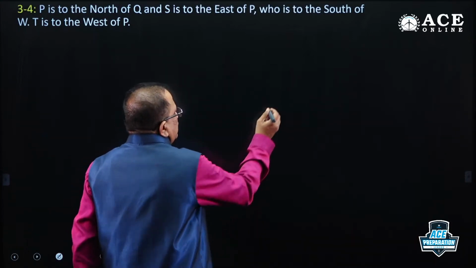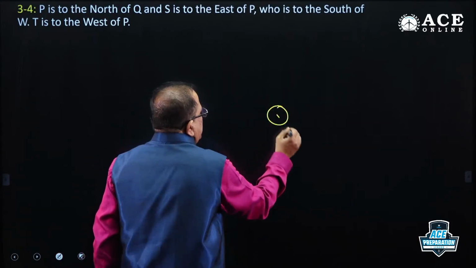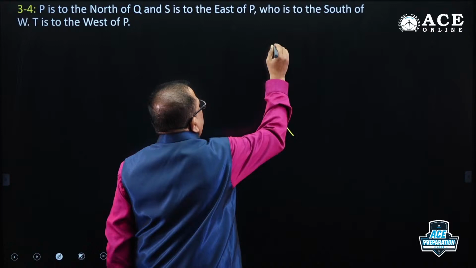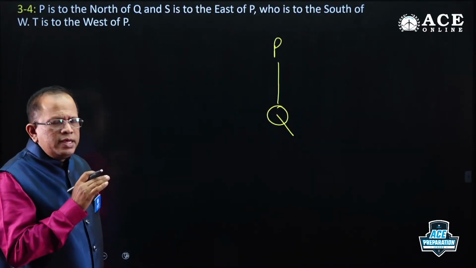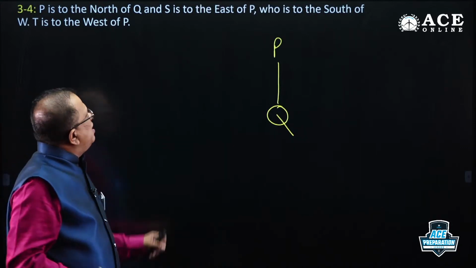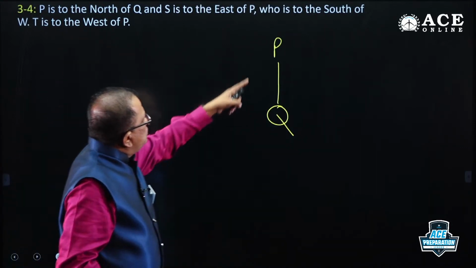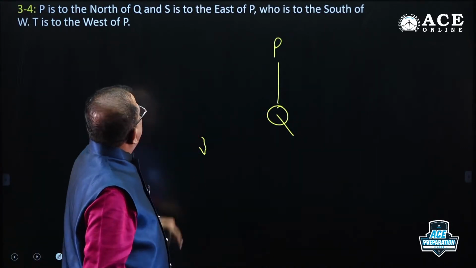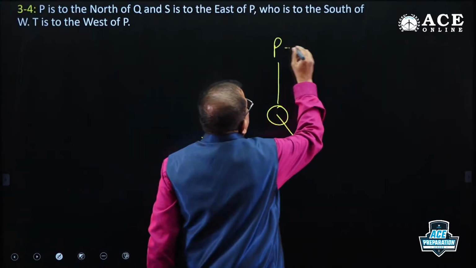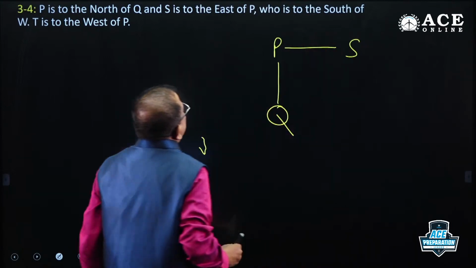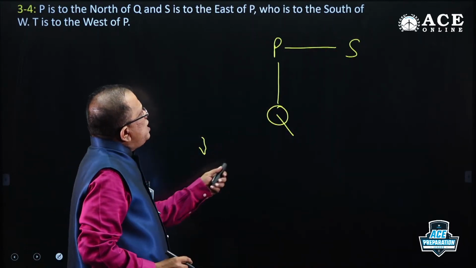P is to the north of Q. Here is Q, north of Q, P is there. You have a lot of comfort when you follow the instruction as it is. P is to the north of Q. Then S is to the east of P. S is to the east of P, comma, who is.